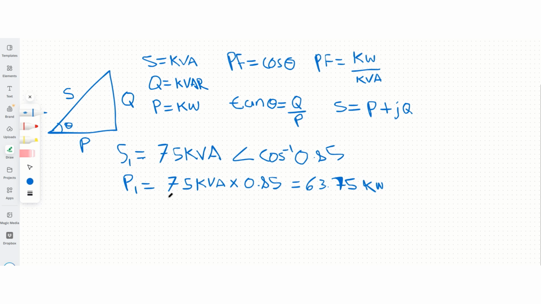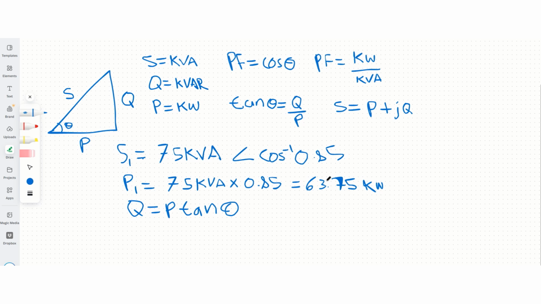And now we will find your reactive power. Reactive power will be P, the real power, times tangent of theta.